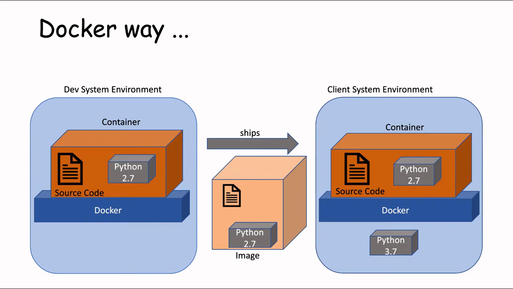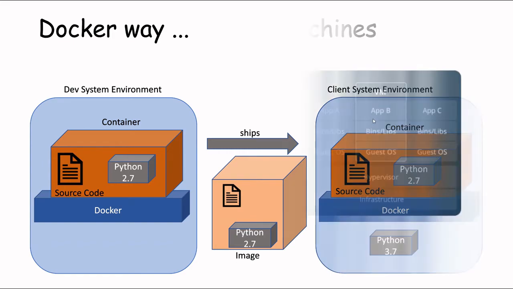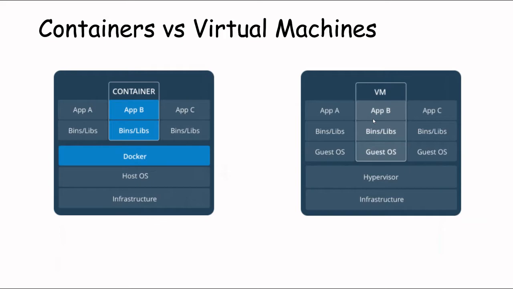Now you might think a container looks similar to a virtual machine, but guess what? They are not. There is a significant difference among them. Let us see this in detail. As you can see, a container runs natively on Linux and shares the kernel of the host machine with other containers. It runs a discrete process, taking no more memory than any other executable, making it lightweight.